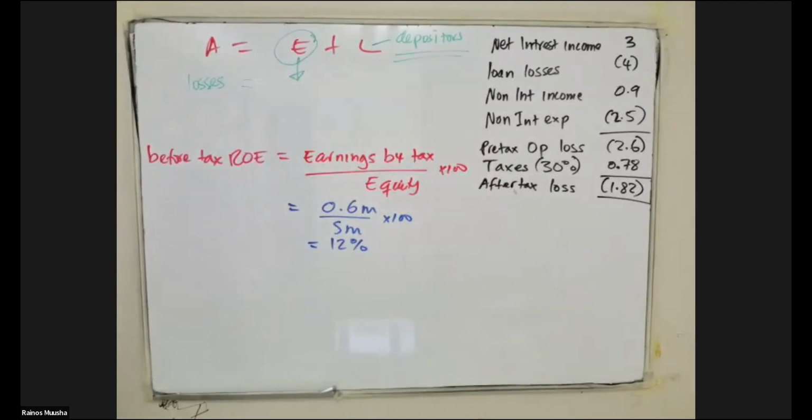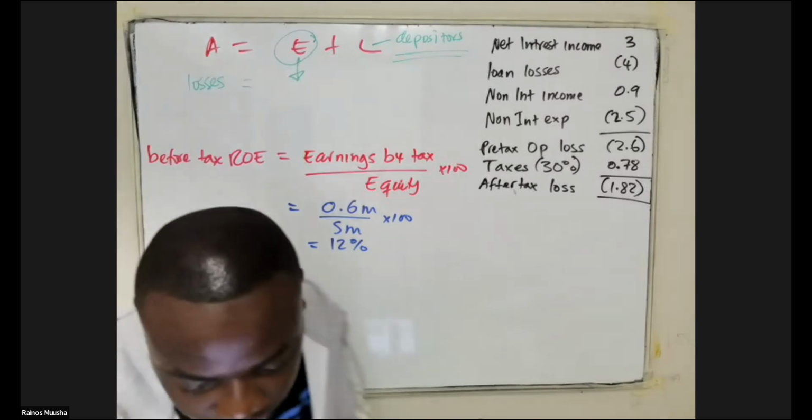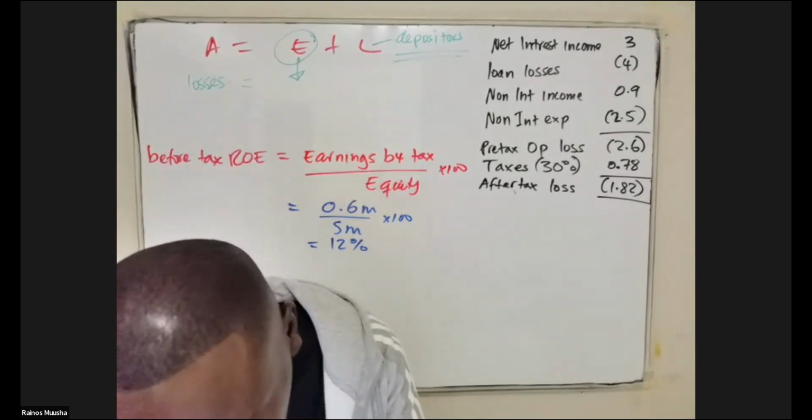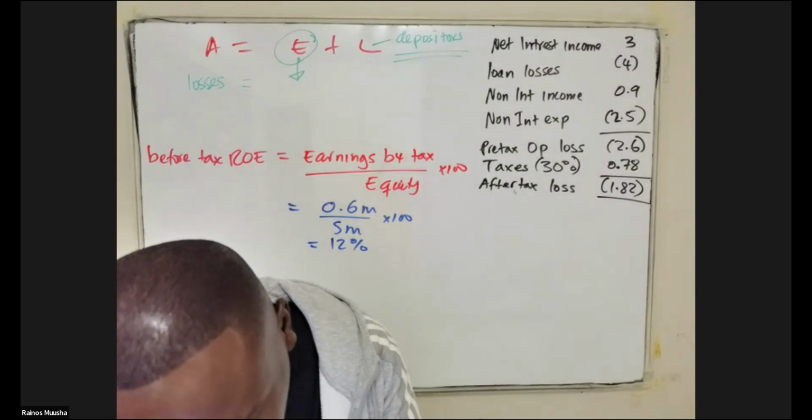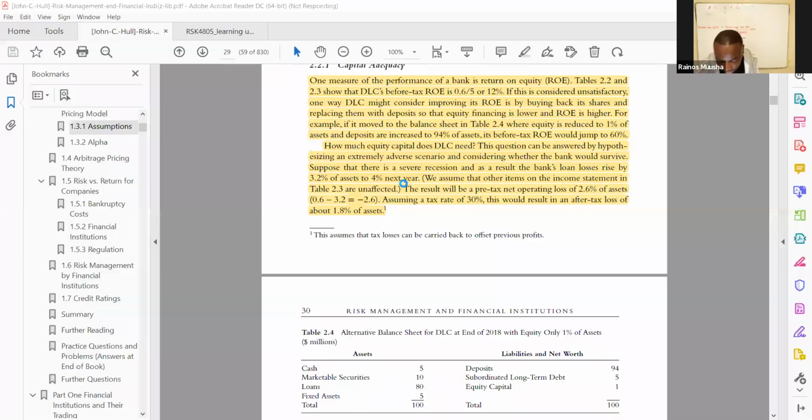That's basically what they're trying to demonstrate when you look at this information here. This is why they say this will result in an after tax loss of about 1.8% of the assets, because our after tax loss of 1.82, as a percentage of our assets, is 1.82 over 100, which gives you 1.8% of the assets.